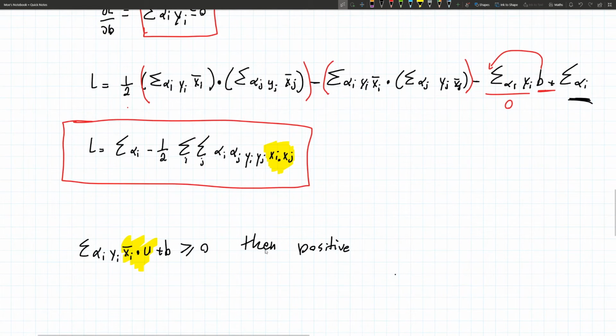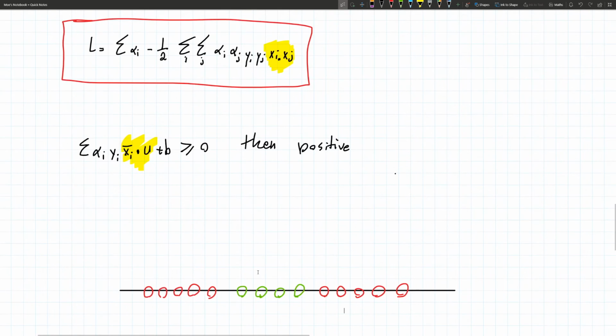So now let's see what happens when we get data that are not linearly separable. Let's take this example: what is the right time to eat a banana?